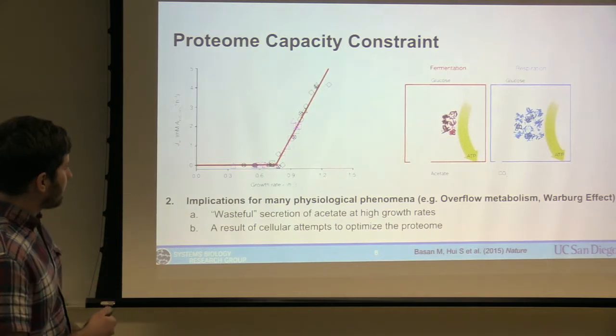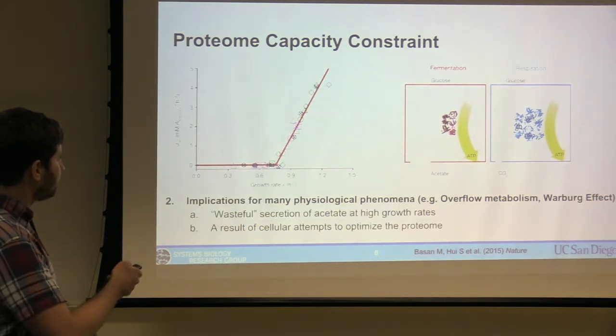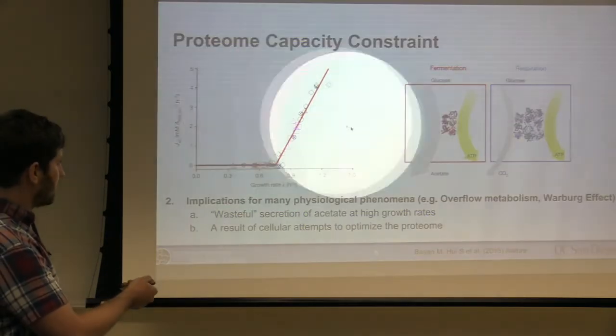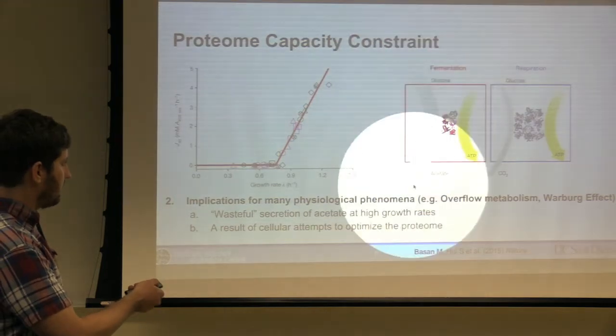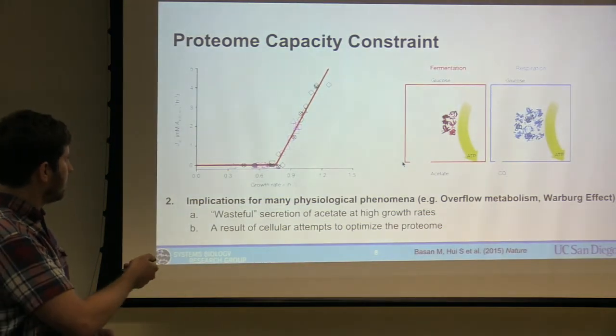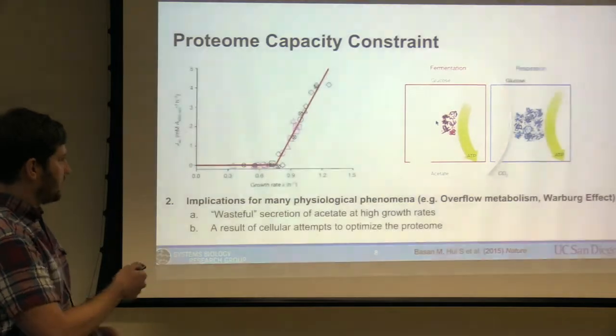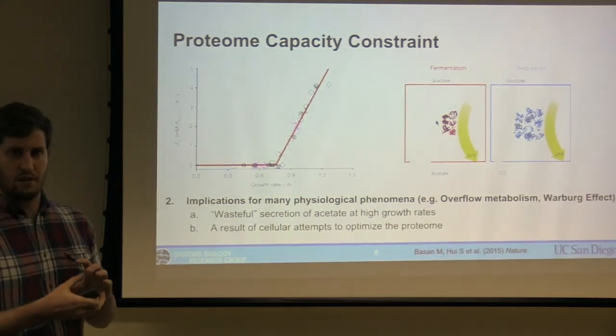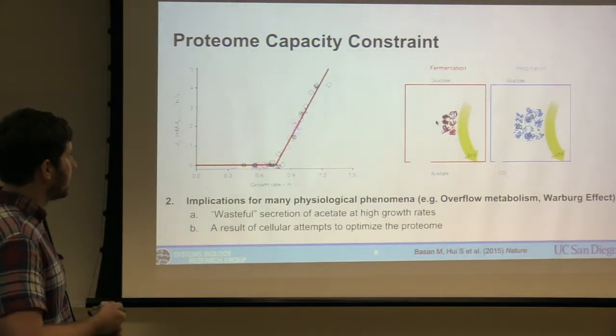Again, this is hard to see here, but fermentation pathways, while a little bit wasteful because they secrete acetate, are catalyzed by proteins that are generally very small, so they're efficient in that way.